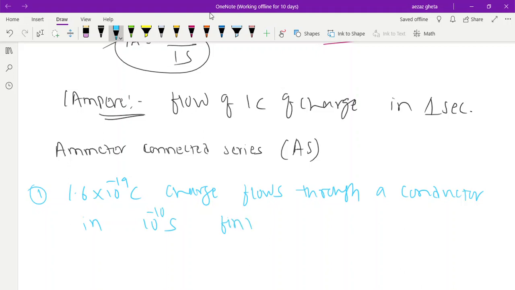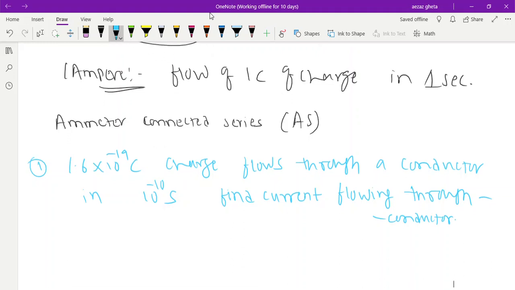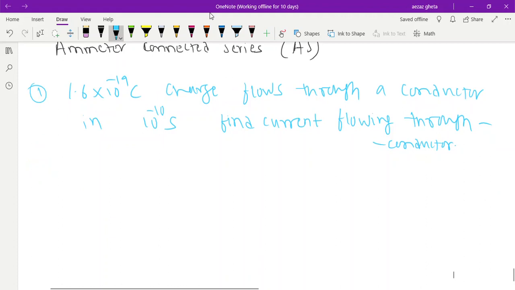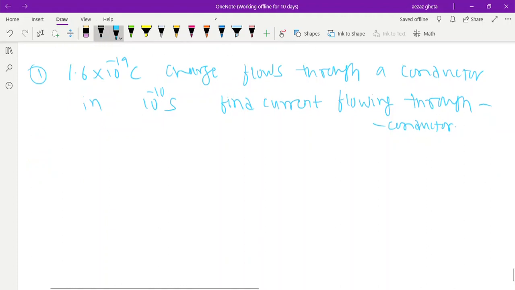Find the current flowing through the conductor.